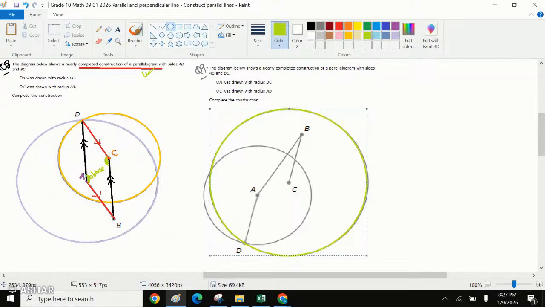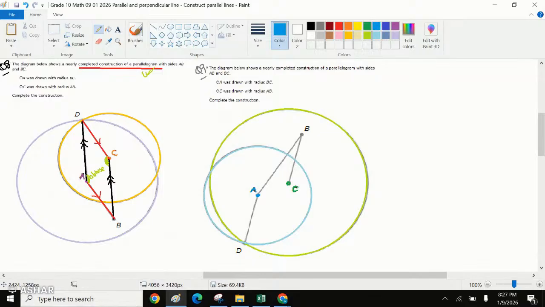So that means the larger circle had a center at A or C. Yes, point C is the center of the larger circle. And for the smaller circle, we can say the center is point A. Agreed? We can say point A is the center of the smaller circle.